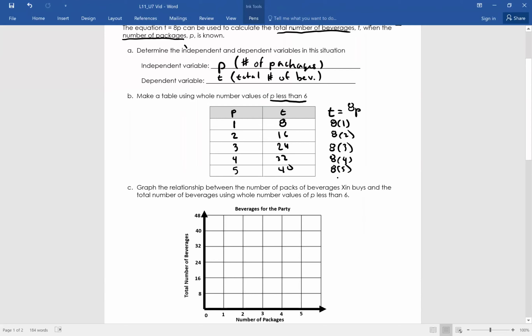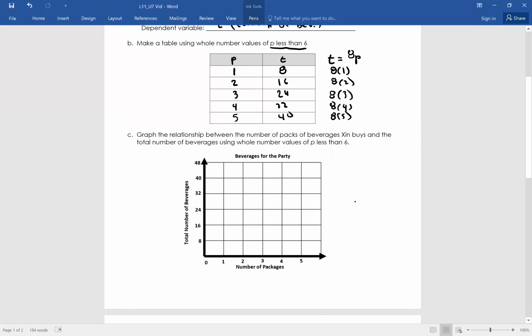Now it says graph the relationship between the number of packs of beverages Shen buys and the total number of beverages using whole number values of P less than 6. So they clearly want us to refer to the table above in part B. So let's go ahead and observe this graph. Now on the y-axis, you guys notice that it's labeled as total number of beverages.